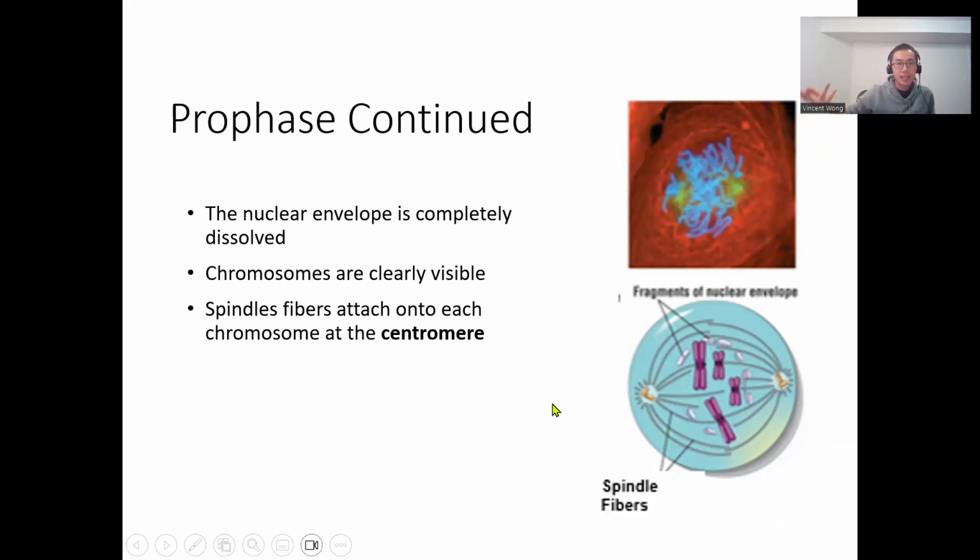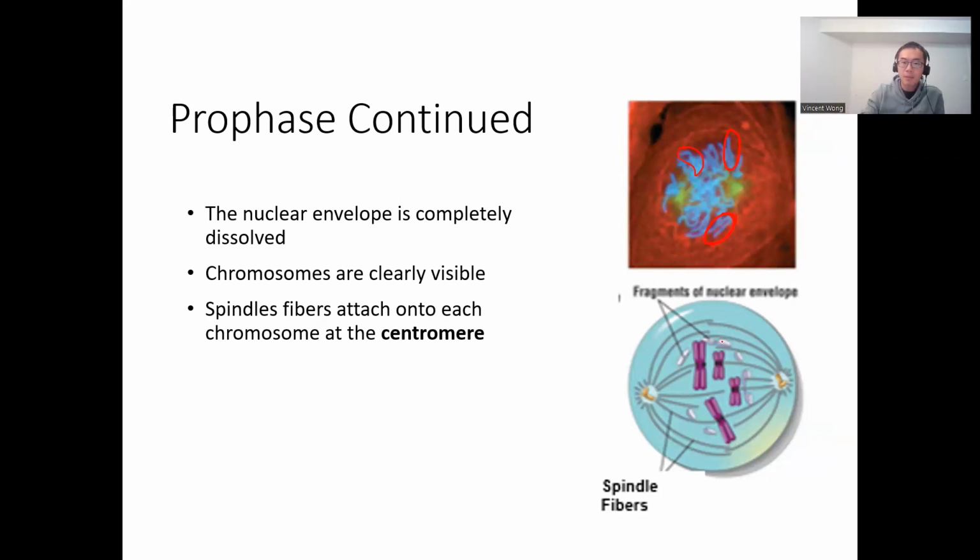As prophase continues, the chromosomes become fully formed. You can see the individual outline of the chromosome now. It's very obvious, you can make out the individual pieces. And the nuclear envelope is gone, so all the chromosomes are outside now.